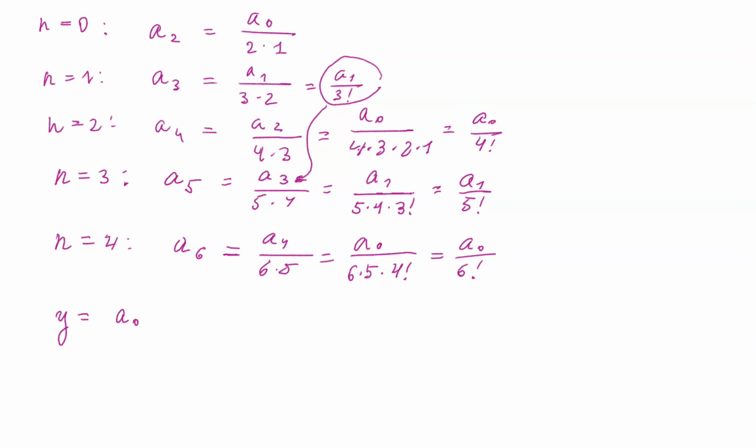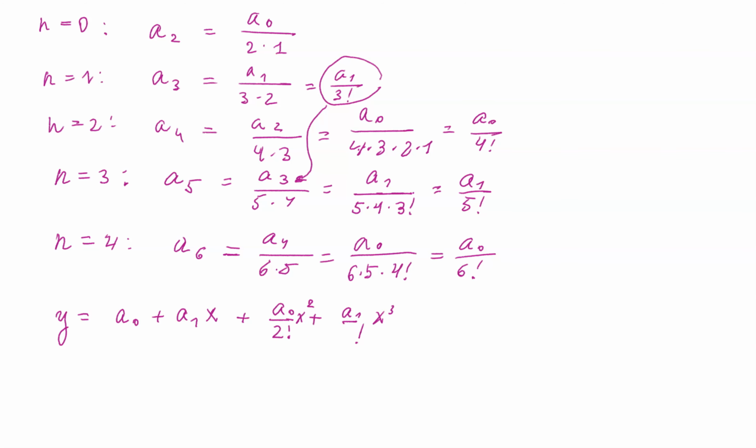So a0 plus a1x, I don't have anything about them in these relations, plus, instead of a2, I'm going to write down a0 over 2 factorial. Instead of a3, oh sorry, I'm missing x squared actually, important. Instead of a3, I'm going to write down a1 over 3 factorial x cubed. 3 does not look like 3.